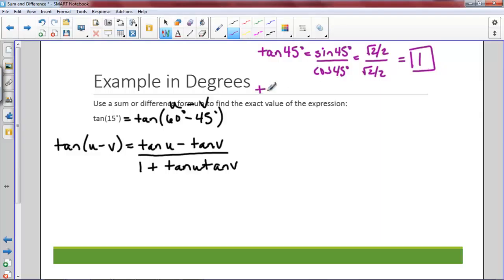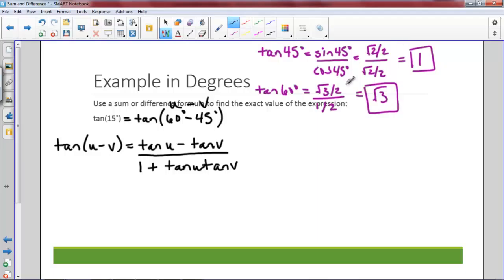I also need to know what is the tangent of 60 degrees. So using the same thought process here, I'm going to have the sine of 60 degrees, which is root 3 over 2, divided by the cosine of 60 degrees, which is 1/2. Simplifying this, I'm going to get root 3.